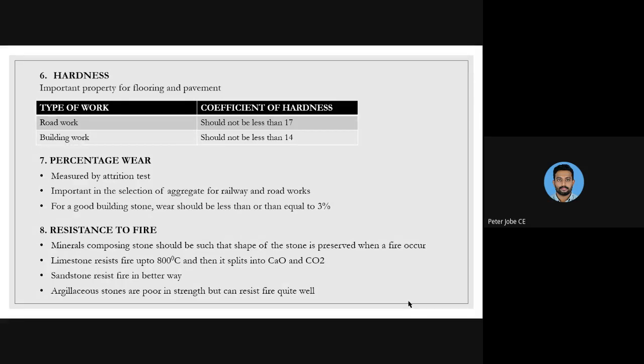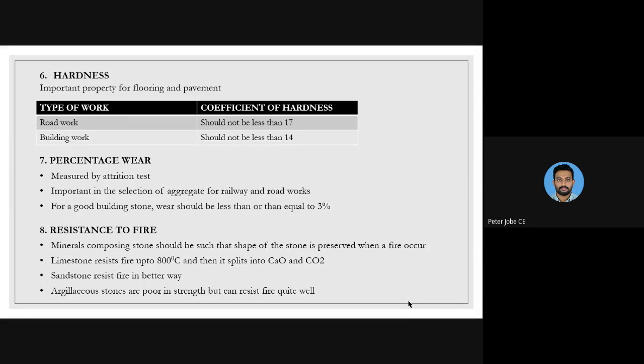And next is the resistance to fire. You need to understand that the constituents of a building stone should be such that the shape of the stone is preserved when a fire occurs. Limestone resists fire up to 800 degrees Celsius, and after that it splits into calcium oxide and carbon dioxide. You have seen in many places that even marble, which is a result of limestone being subjected to heat, pressure, and chemical action, also splits when heated.